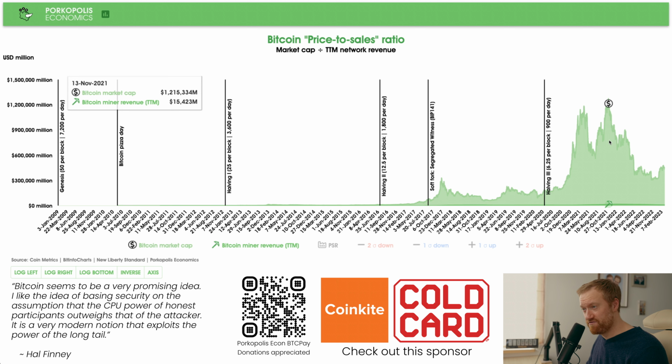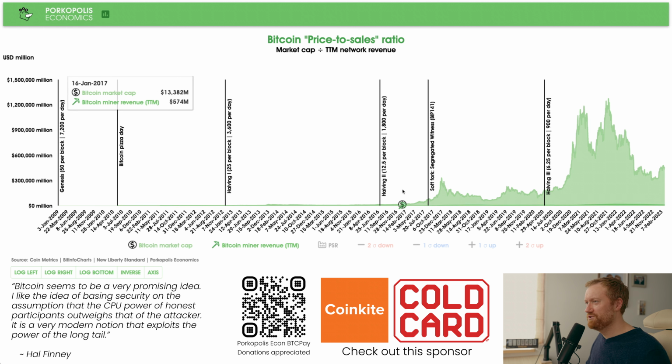What are they fighting for? They're fighting for revenue. That is, at the moment, 900 Bitcoins per day, or 6.25 Bitcoins per block, as you see here after the third halving. Before that, it was 12.5 per block. Before that, 25. And then from the Genesis block, for those first 4 years, it was 50 Bitcoins per block.